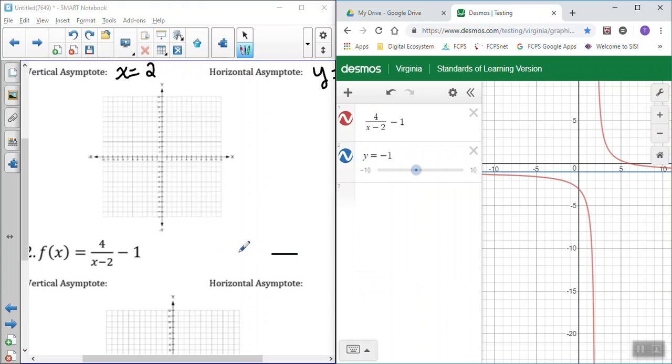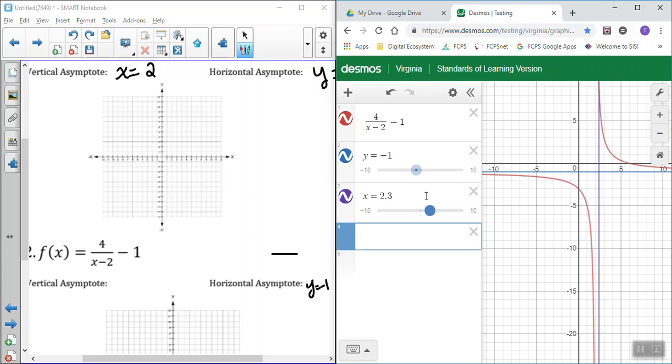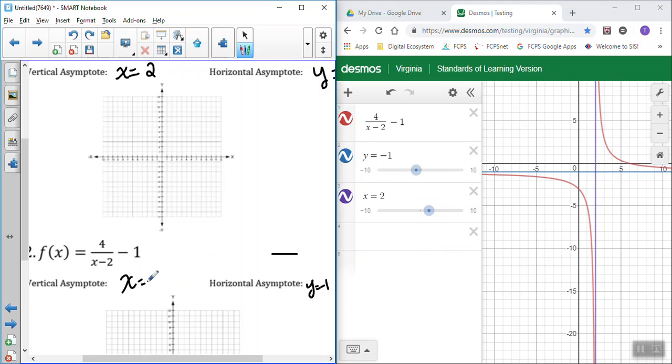My horizontal asymptote is at y equals -1, and then my vertical asymptote is at x equals, I said 3, but that's not it. It looks like x equals 2. Okay.